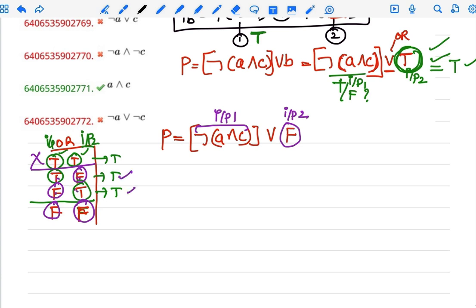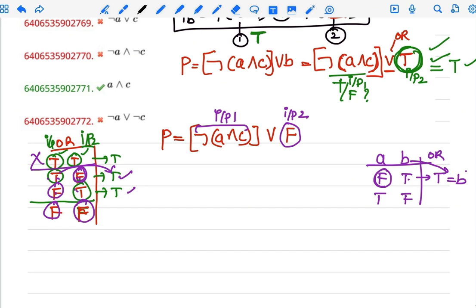If one of the inputs is false, the output is the same as the other input. With A and B: false true gives true, true false gives true, and both false gives false. So if one of the inputs is false, the output of the OR gate is the other input's value.